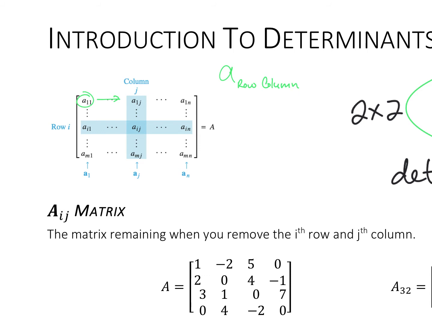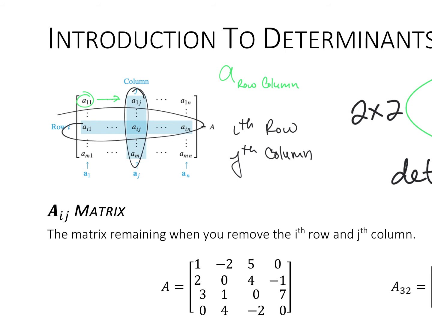If I'm asking about the ith row, it would be something like this, and the jth column would be some column here. That's all that means, and that terminology is going to come up a little bit as we move forward.